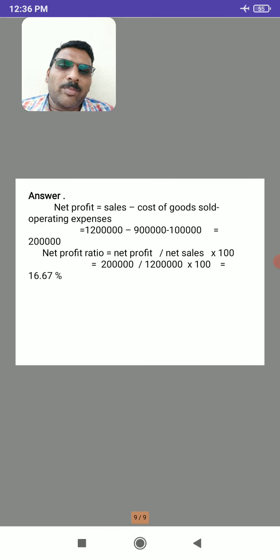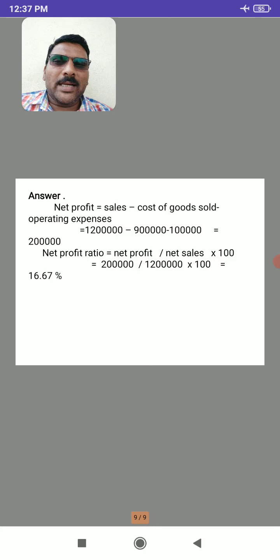Net profit equals sales minus cost of goods sold minus operating expenses. From 12 lakh, we have to deduct 9 lakh and 1 lakh, that is 10 lakh. So we are getting 2 lakh as net profit.